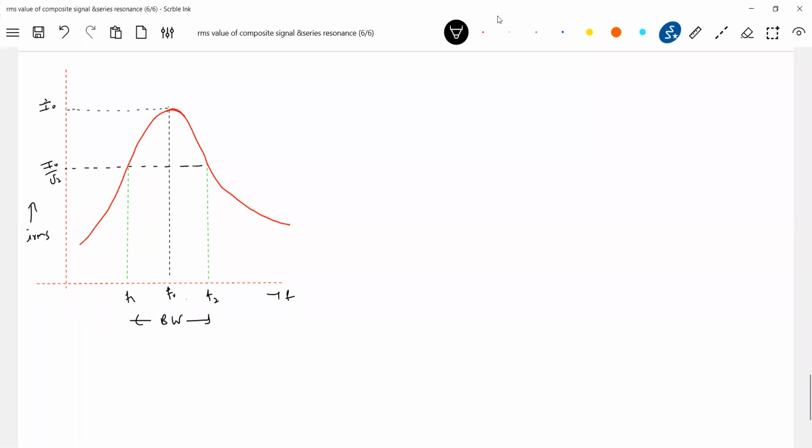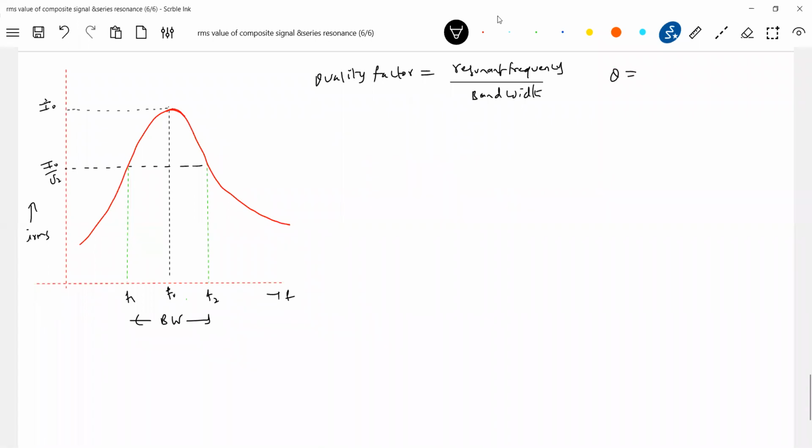So I'll define a quantity called the quality factor. Quality factor is defined as the resonant frequency by the bandwidth.